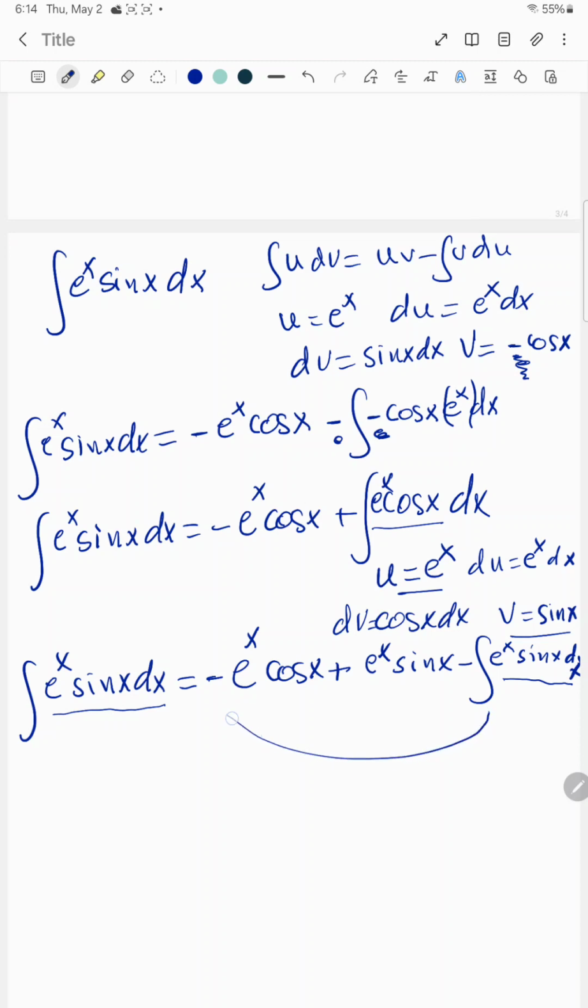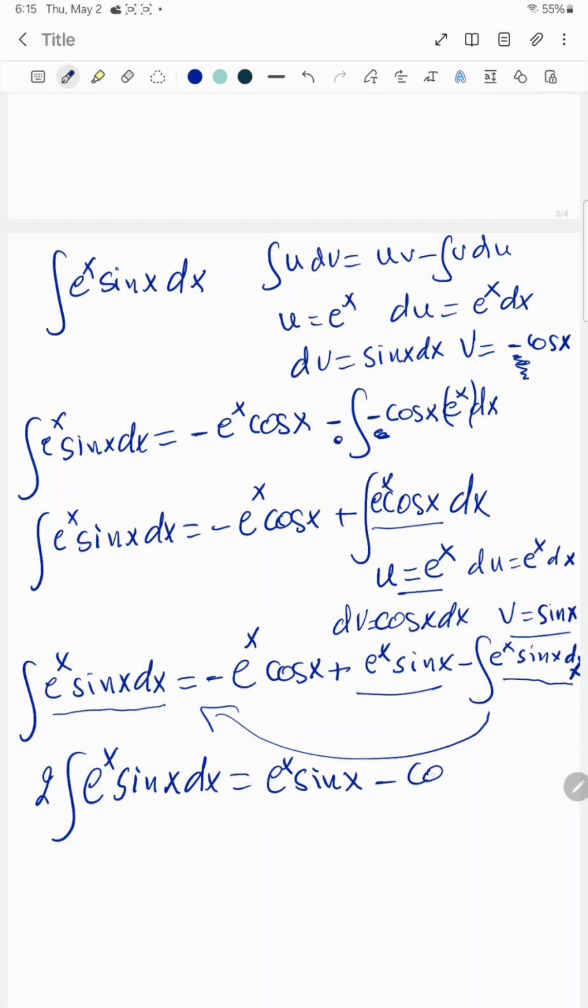So if I bring this to that side, the minus will become plus. So the integral of e^x sine x dx plus the integral of e^x sine x dx becomes 2 times the integral of e^x sine x dx, is equal to, I will write this first, e^x sine x minus e^x cosine x.